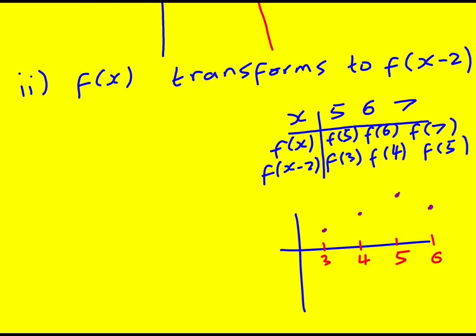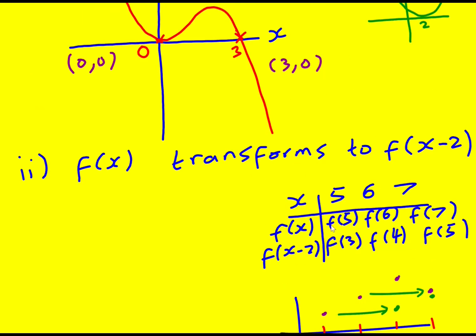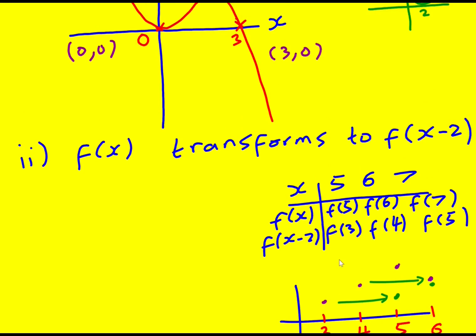That's my original function in purple. But now at 5 it's going to be f of 3, and at 6 it's f of 4. So you can see this point has moved to here, and this point has moved to here. Hence, you can see graphically that it has moved to the right, essentially 2 units in the positive x direction.